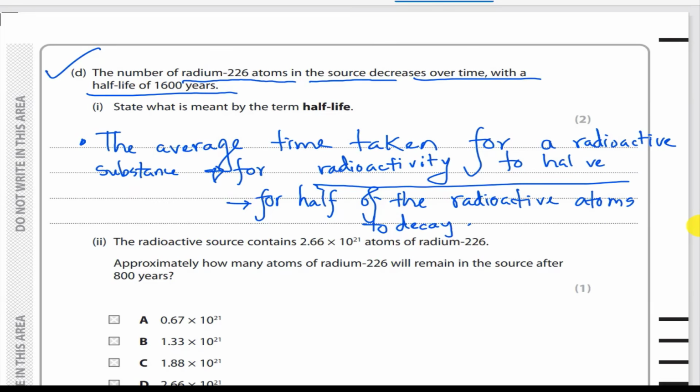So half-life is the average time taken for a radioactive substance for the radioactivity to halve, or for half of the radioactive atoms to decay.